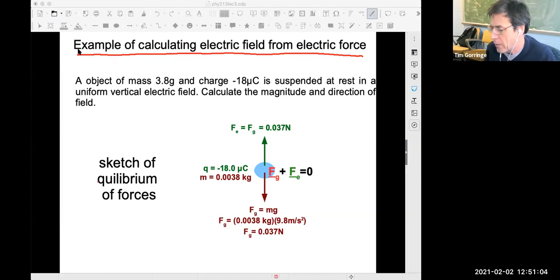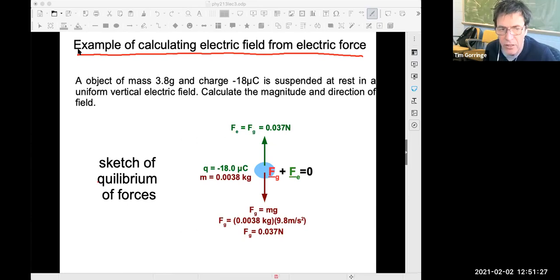In this problem, I'm just going to compute the magnitude of an electrical field and the direction of an electrical field that a point charge is immersed in using the field equation. So this problem is an example of the field equation.